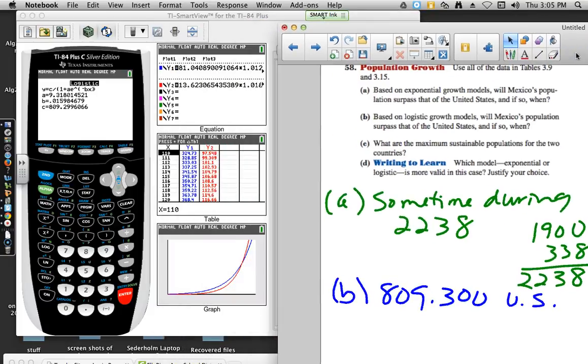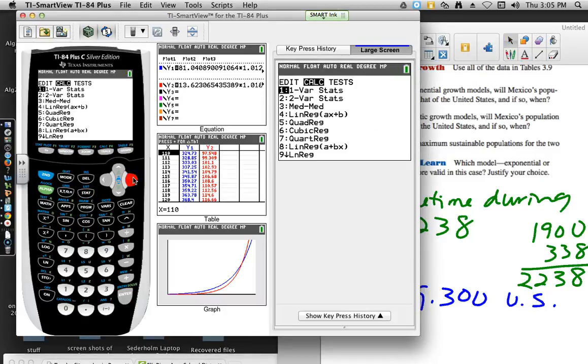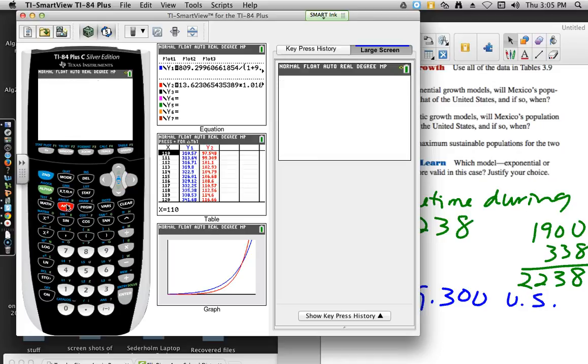And let's see what it is for Mexico. Again, I am going to store it just in case. So stats, calculate, and that is going to be our B, so alpha, apps, logistical regression, but now I need list 3 and list 4. Because that's where I put that data in.